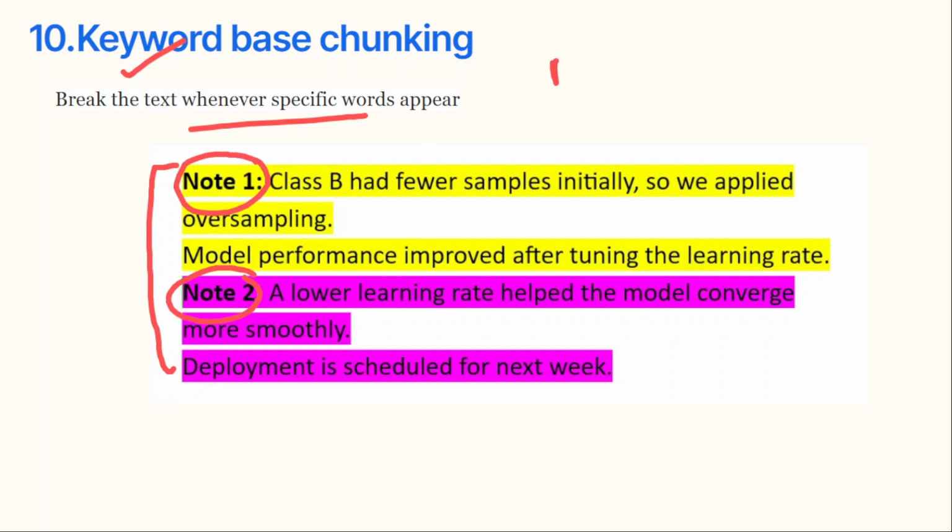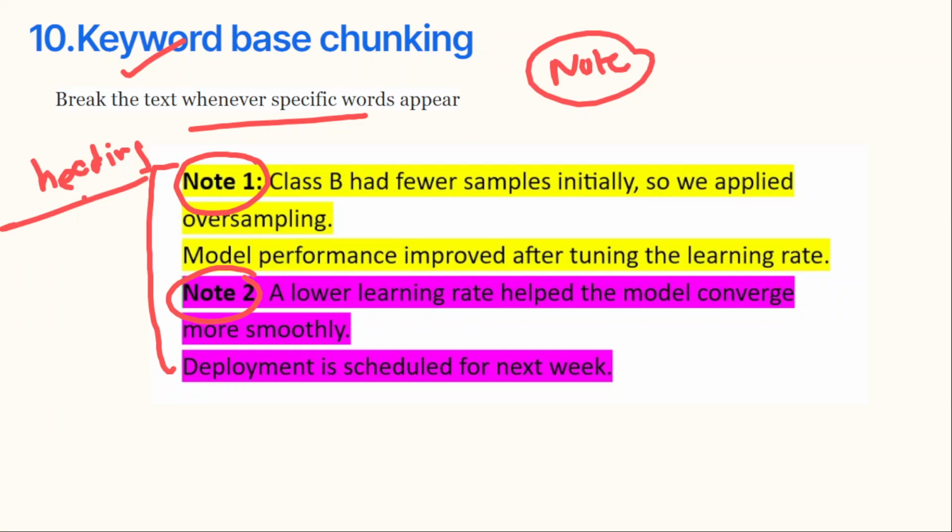Based on the keyword, let's say note, I'm breaking down my whole data into chunks. There you can use keyword chunking. You can use this keyword-based chunking wherever heading-level splits aren't available.